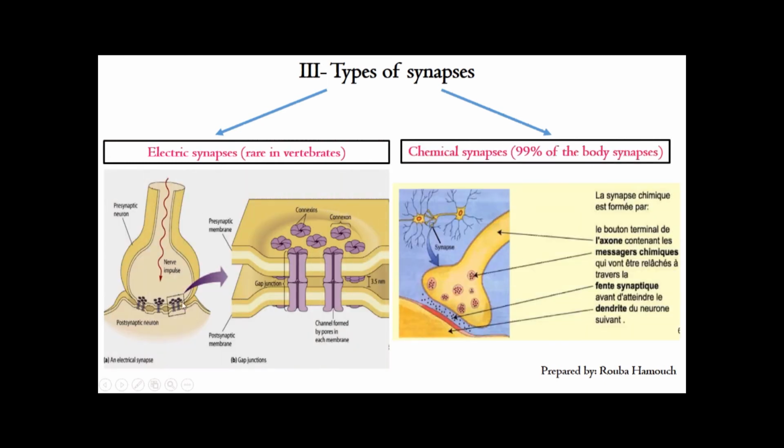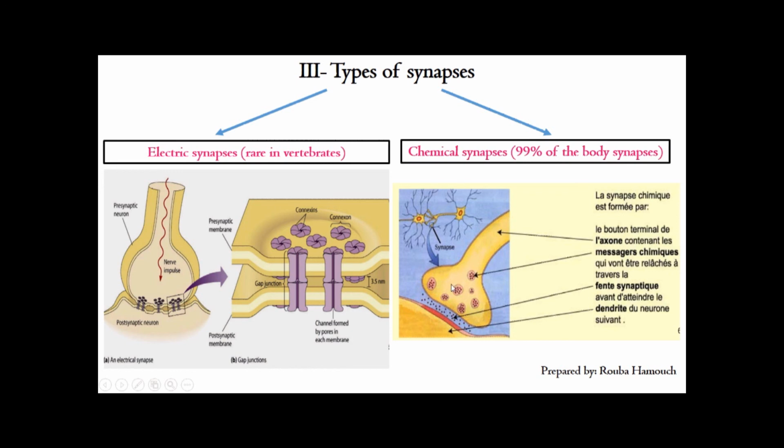So here, as you can see in this figure, we have these two cells which are directly connected. There is no space between them. We have gap junctions and the channels that allow the transmission of molecules and ions from a presynaptic membrane that emits the message to a postsynaptic membrane that receives the message.